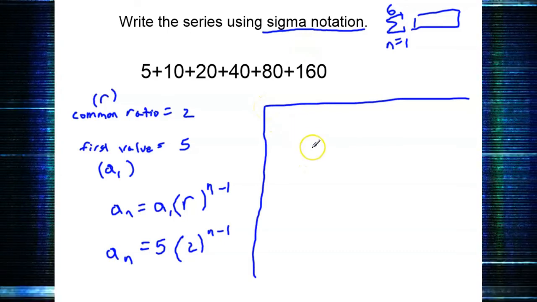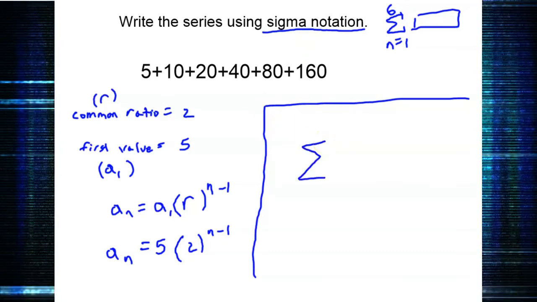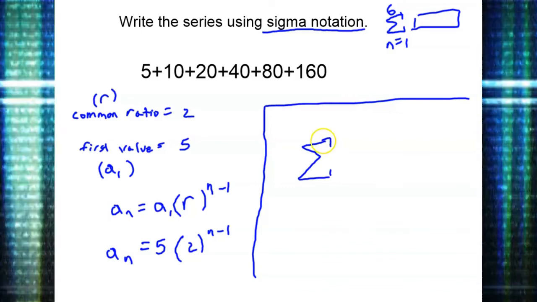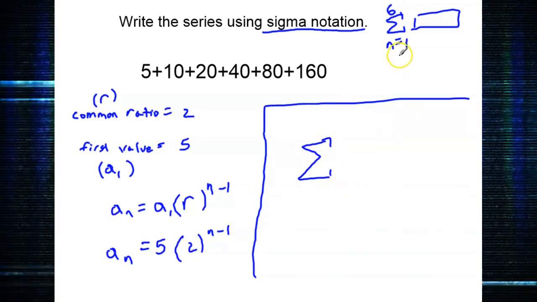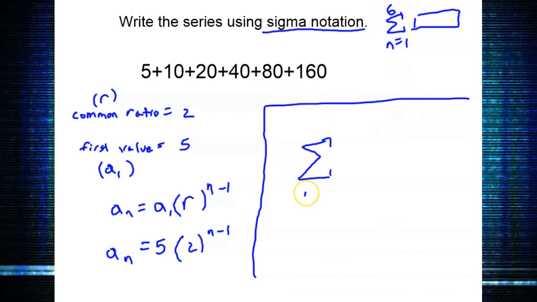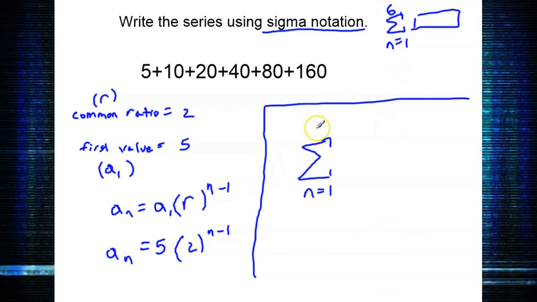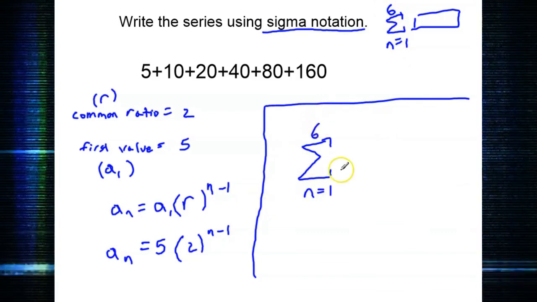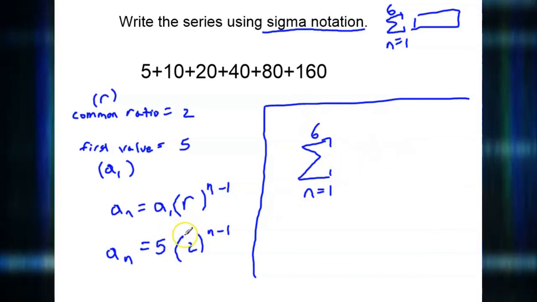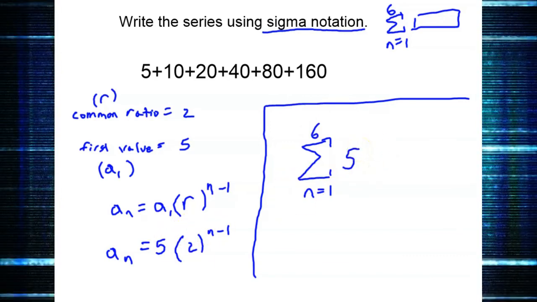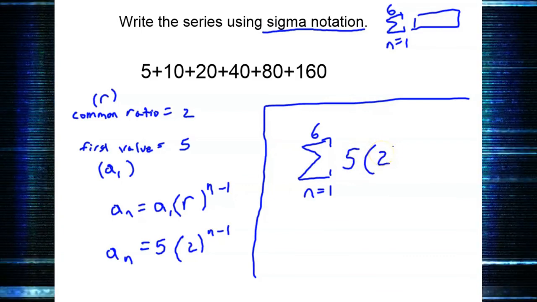We're going to say sigma, that's that E looking letter again. We're going to start at n equals 1 and stop at 6, because again there are 6 terms. And then we're just going to fill in what we have: 5 times 2 to the n minus 1.